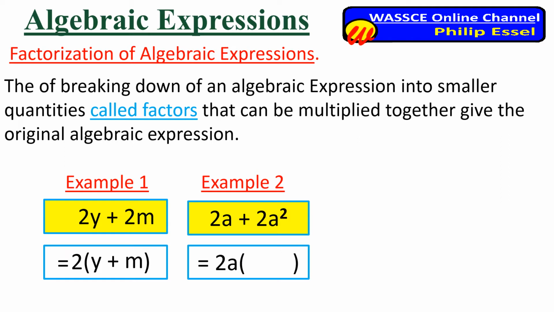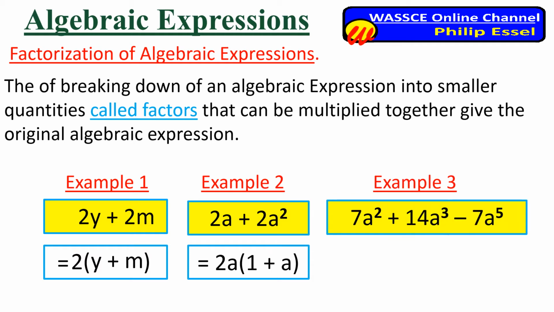So simply put, we are left with the items 1 plus a within the bracket. So let's write that. When we factorize the expression 2a plus 2a squared, we would get 2a bracket 1 plus a bracket closed.